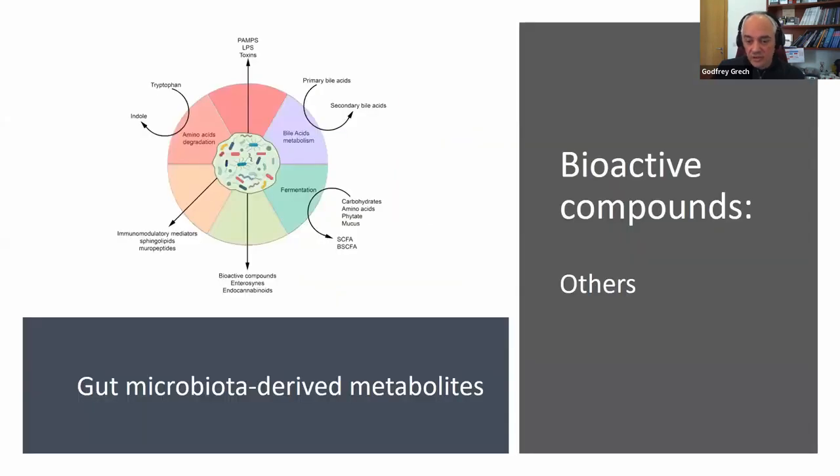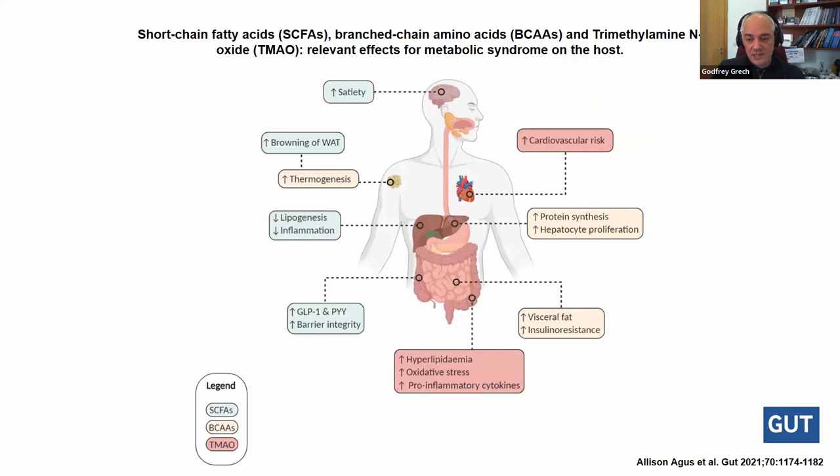There are other bioactive compounds, which are basically in this figure. We talked about the short-chain fatty acids, which are the green boxes, which of course are very important, lower inflammation, increased barrier integrity, so everything is health promoting with these.